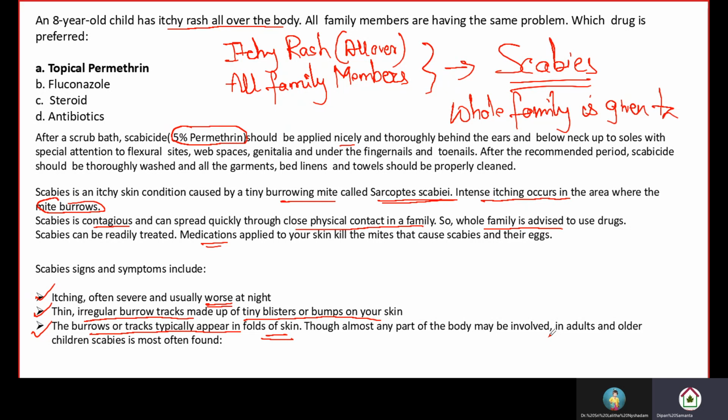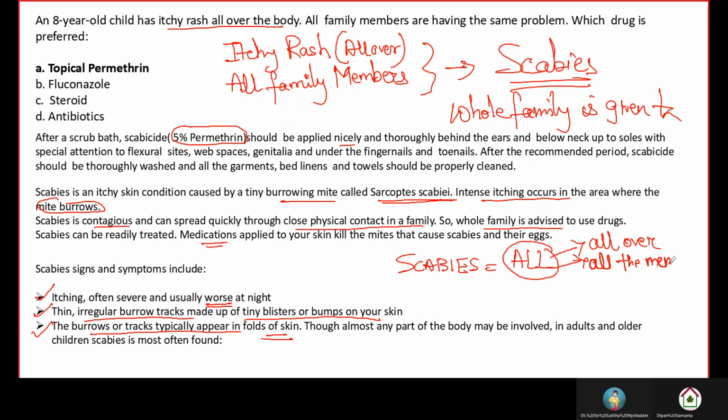Okay, so do remember scabies: many alls are there. All the folds, all over the body, all the members should be treated at once.